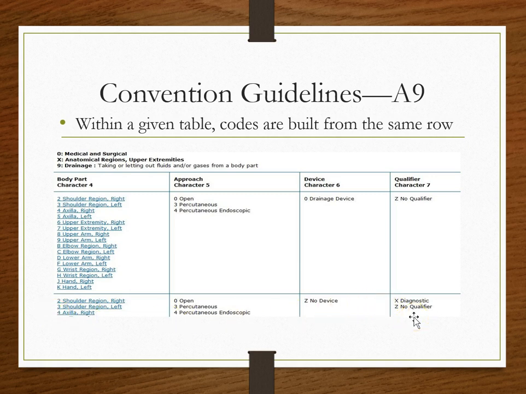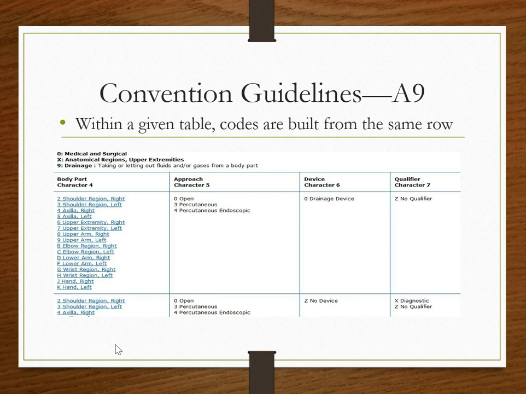Let's review the guideline. Within a given table, codes are built from the same row. That means if you're going to be in this upper row, selection of characters 4 through 7 must be in this row. If you're going to be in this row, codes must be built within this same row. So now you're probably thinking, what's the difference between these 2 rows?